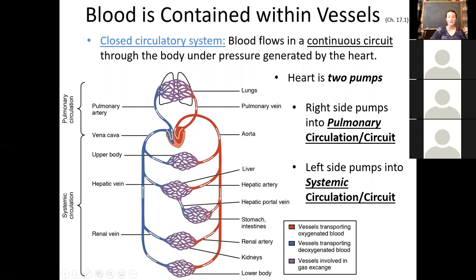Right? So all of these mesh things here are capillary beds, and this diagram is just showing you that blood and its components are delivered to these different organs and then drained back to the heart. We can see that the capillaries are purple, indicating they are dumping oxygen into the tissues, and then the blood returns to the heart in its deoxygenated state.